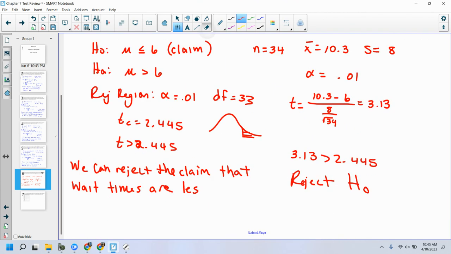At most 6 minutes at the 0.01 level. Another way to say that is we are 99% confident in that decision. Yeah, almost certain. Question about that one?